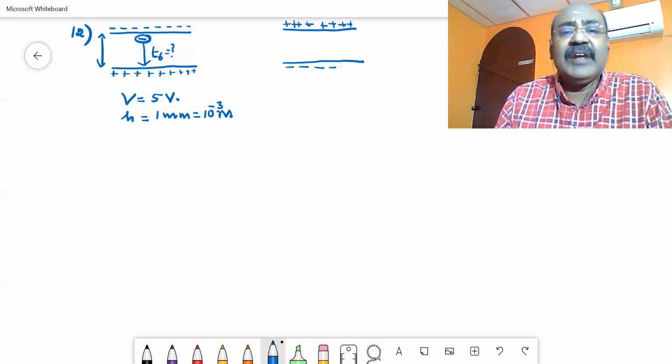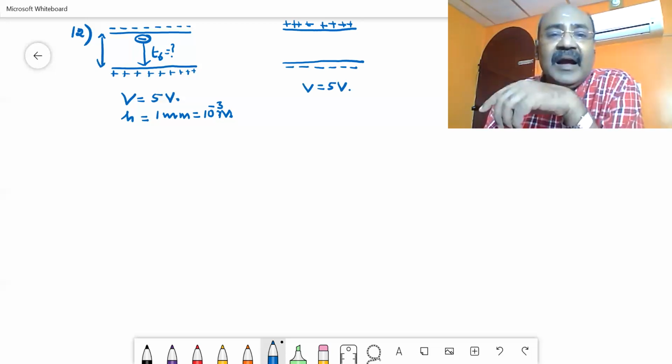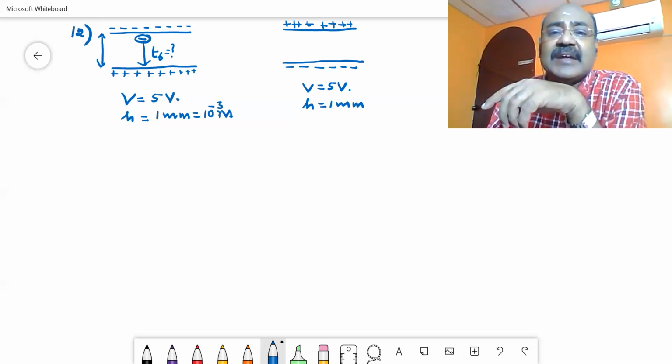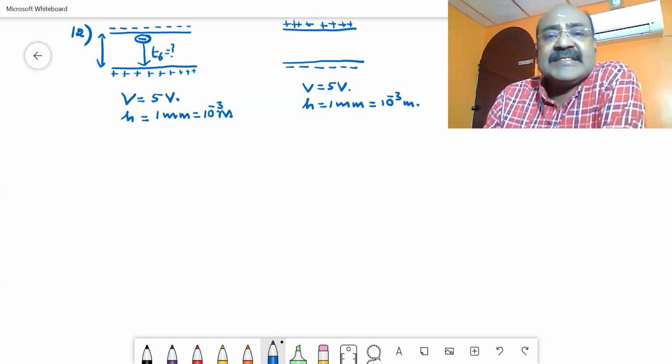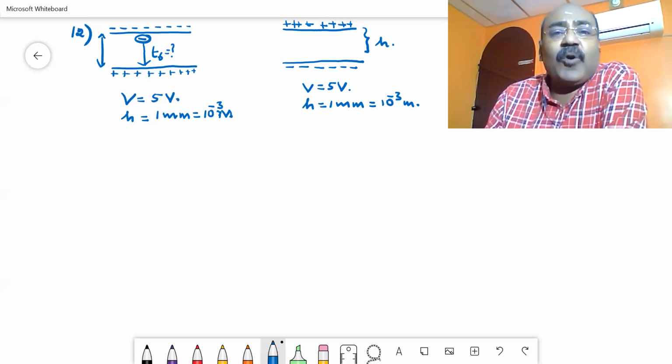In between the two plates, again, the potential difference is 5 volt, and the distance of separation h is equal to 1 millimeter, or 10 power minus 3 meter. Here they are taking a proton, a positively charged body moving from the upper plate to the bottom plate. What is the time of flight for the proton?